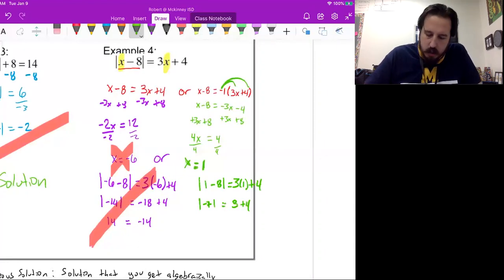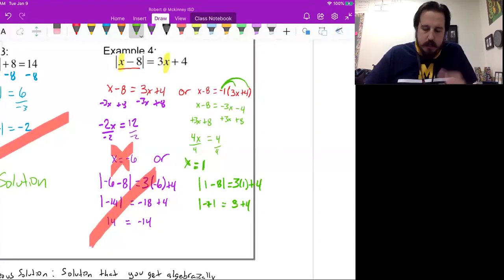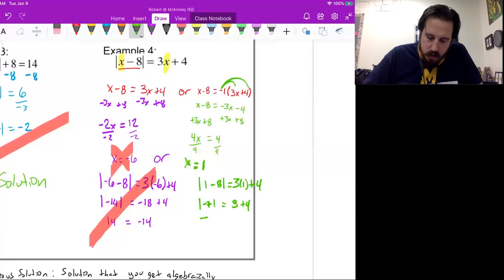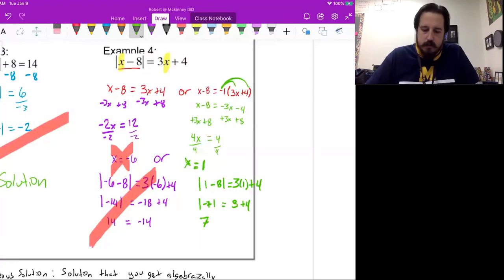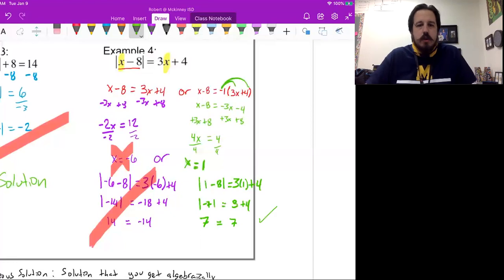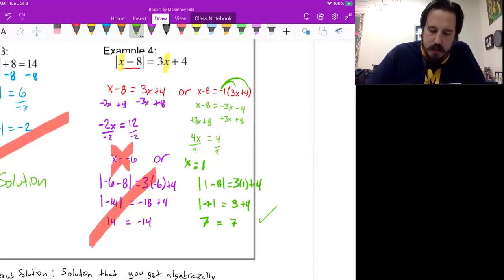Absolute value of -7, when I evaluate the absolute value, that is just taking it and making it positive, equals 3 plus 4 is 7. That is true, that works. So the only solution I actually have here is when x equals 1.